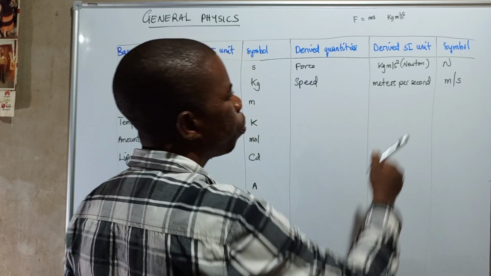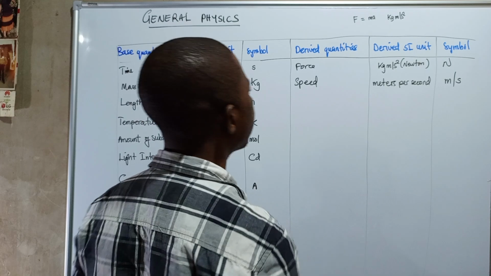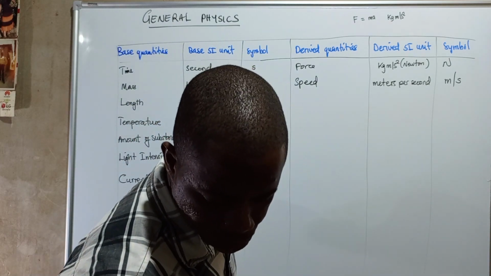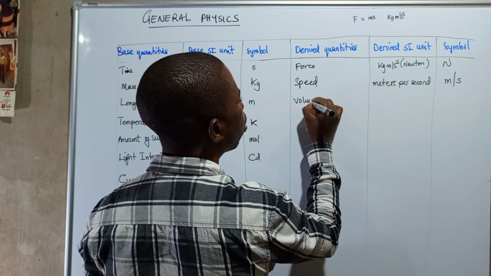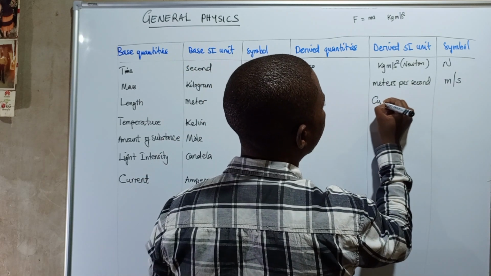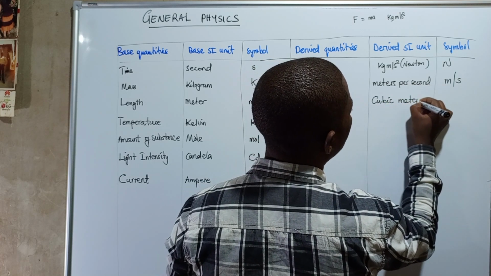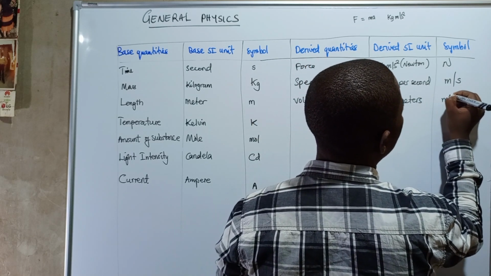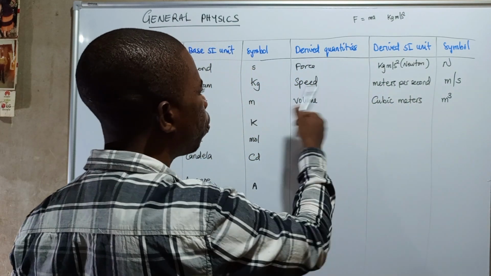So that is the unit for speed, written like that in symbols. Then we can also have volume, which is measured in cubic meters, written as m to the power 3. So these are the SI units for these.